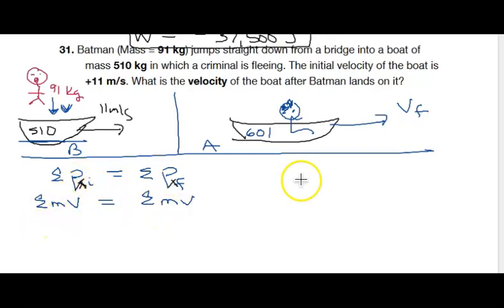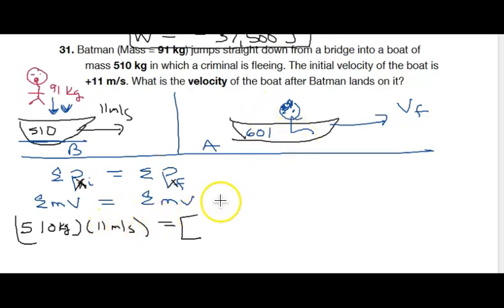Velocity is a vector, so you got to separate the horizontal and vertical. So therefore momentum is a vector. So the Batman has no horizontal velocity, so therefore he has no horizontal momentum. So we just have the boat. Yeah, it's a boat that is traveling along at 11 meters per second.